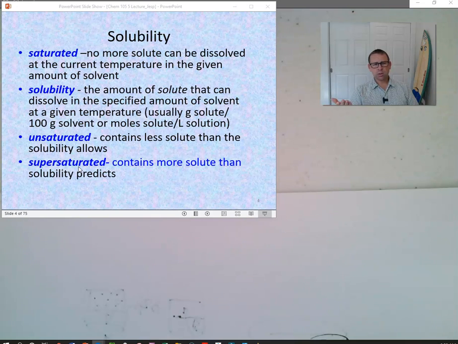So if we say you can dissolve 15 grams of salt into water, but if you raise the temperature of water, you can dissolve more. So if you raise the temperature of water and then put in maybe 20 grams of salt and it all dissolves, if you slowly lower the temperature, the salt will be tricked into staying in solution. And we call that a supersaturated condition. Okay?